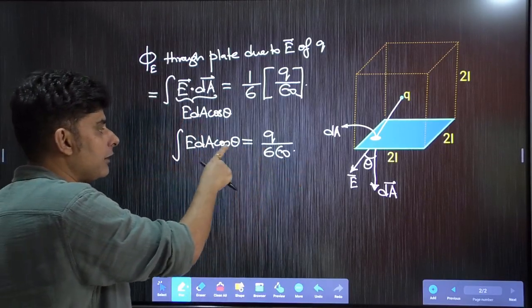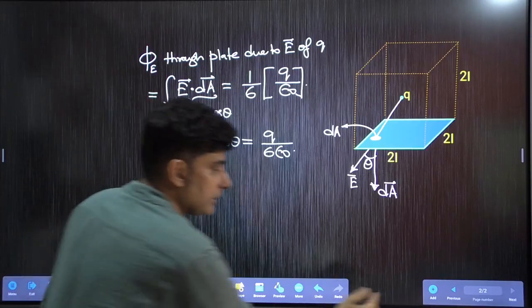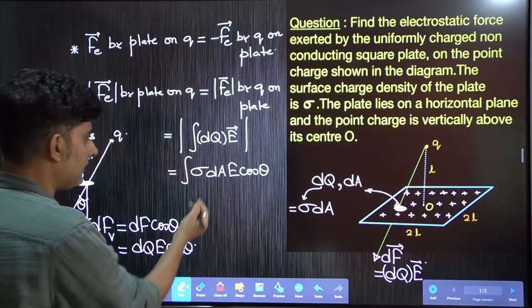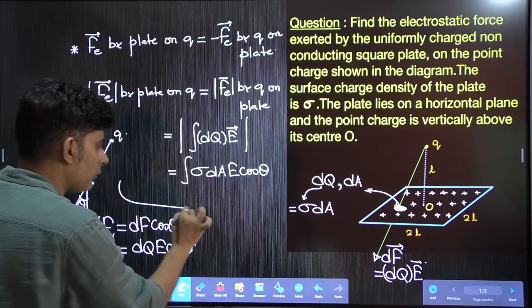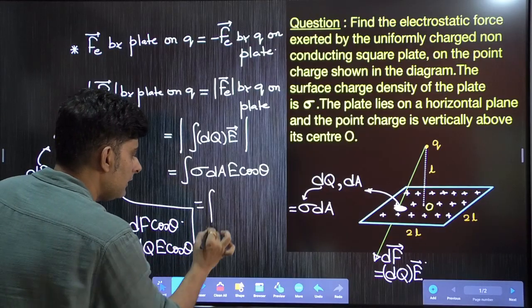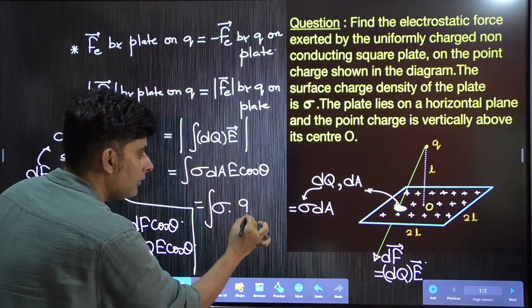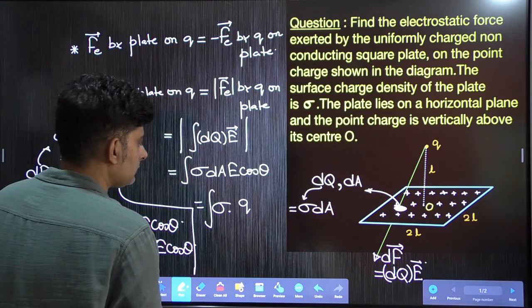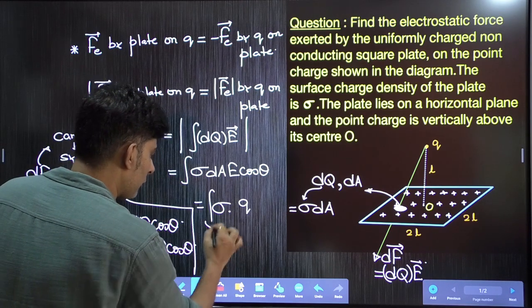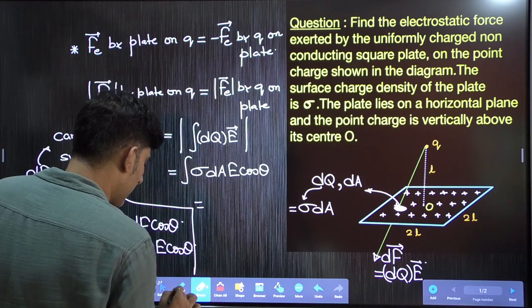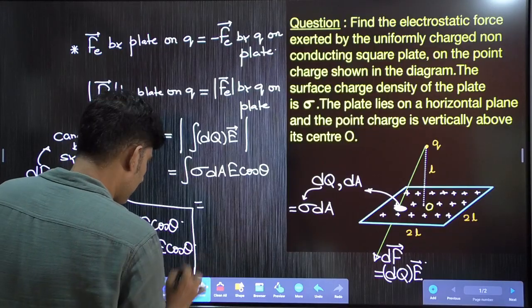So if the integration of E dA cos theta is Q by 6 epsilon naught, just return back and substitute this value over here. This becomes sigma times the integral of E dA cos theta. Why keep the integration? Sigma is a constant, so sigma comes outside.